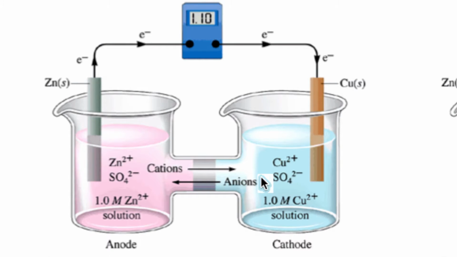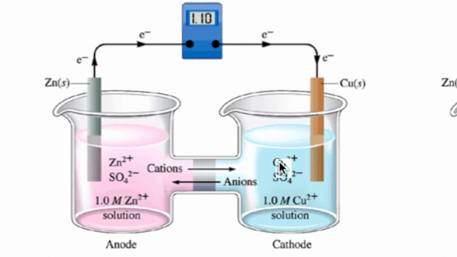Here you might be saying, well, I wonder what's happening here. Well, the zinc is going to be giving up electrons. So that zinc solid is going to be turning into zinc plus 2. So this thing right here will actually go away over time. And over here, this copper and the copper ions in solution will actually be gaining electrons.